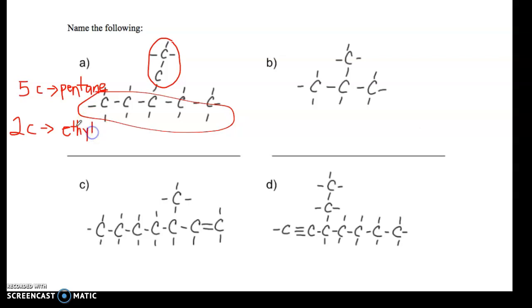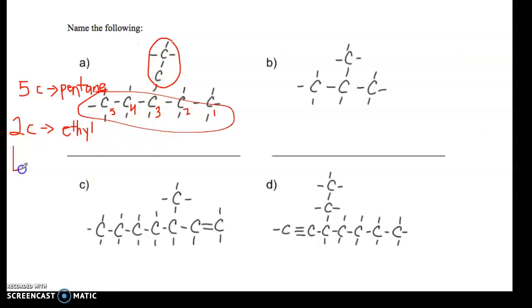Now, I need to know where this ethyl branch is on this pentane. Because it's smack dab in the middle, you can go left or you can go right. In this case, I'm going to go right just so you can see what I'm talking about. So, 1, 2, 3, 4, 5. If I had started the other way, it still would have been on carbon 3. So, it really doesn't change much.